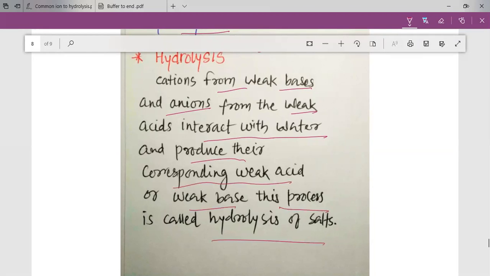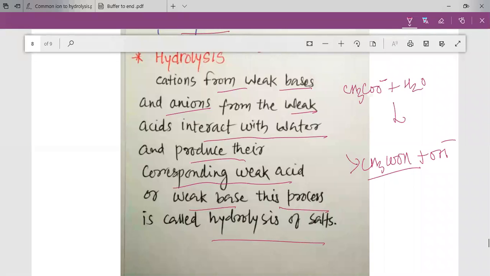So my dear students, suppose we have the anion like CH3COO minus, that is coming from the weak acid, it reacts with water and produces CH3COOH and OH minus. So these ions produce the acid from which the salt has been prepared, and this process is known as hydrolysis.